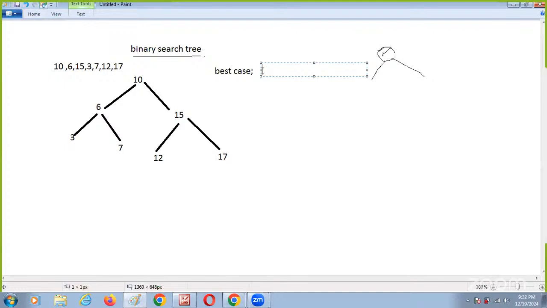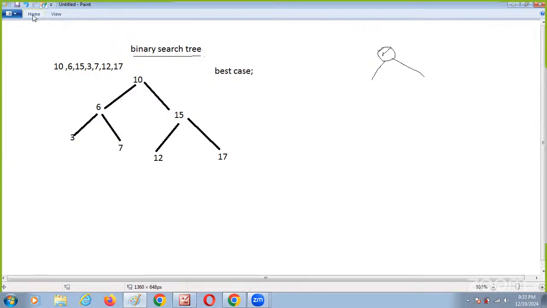So the best case is, suppose I want to search for the element 10. Where is 10 present? Directly at the root position, right? At the root node. If I find it at the root node, how many comparisons do I require? Only one comparison.